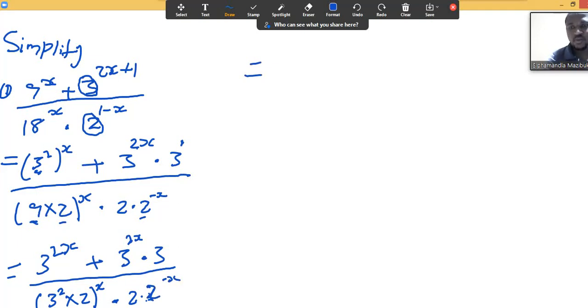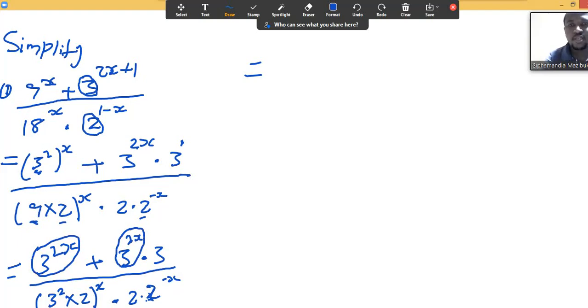What we're looking at, you can see now we have something that is common in our numerator. We have this 3 to the power 2x, and we have this 3 to the power 2x. So we can take that one out as a common factor.